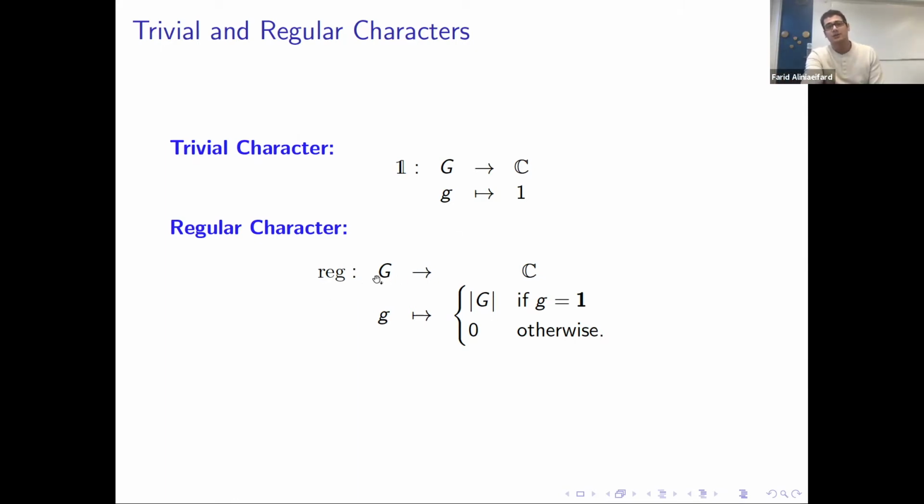And the regular character is a function from G to the complex numbers that maps every element of G to 0 except the identity, and it maps the identity to the cardinality of the group. So these two characters are quite important for me later.